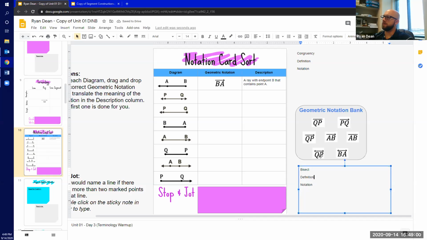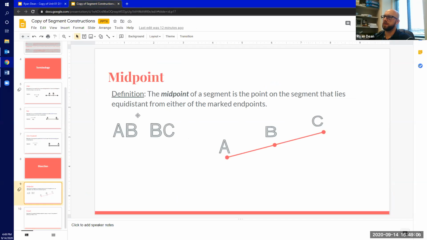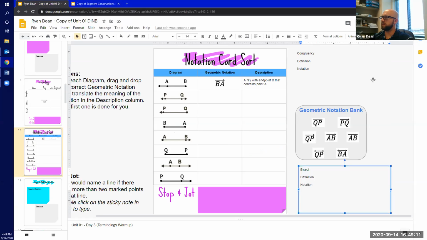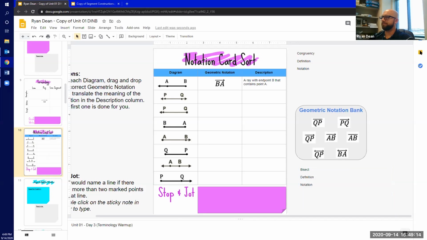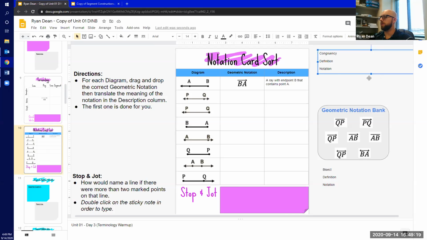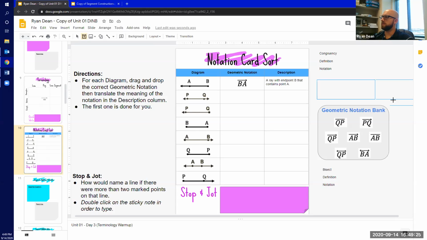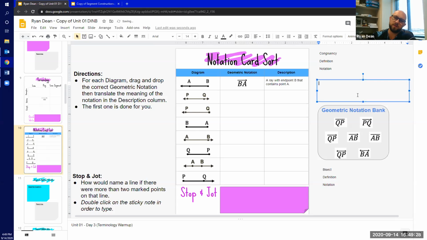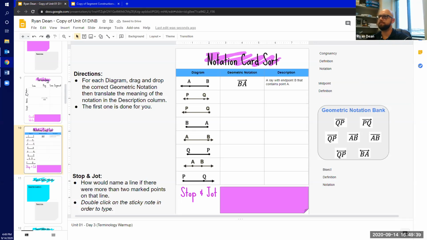So that's how you would add in the two different definitions, the congruency definition and the bisects definition. And also you want to make sure that you include midpoint. So again, you could kind of put it wherever. I would keep all this together, congruency, bisection, and midpoint, because a lot of times they relate to each other. So for midpoint, you just need the definition for it. There's no notation for midpoint.